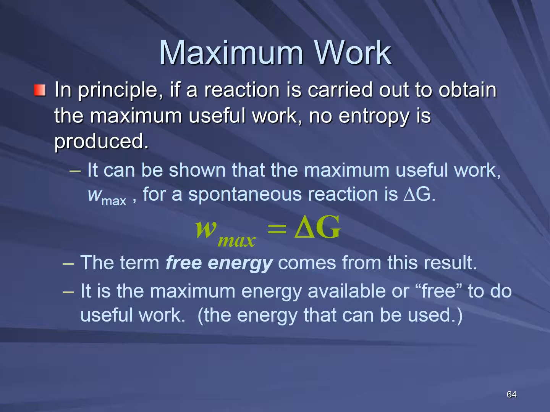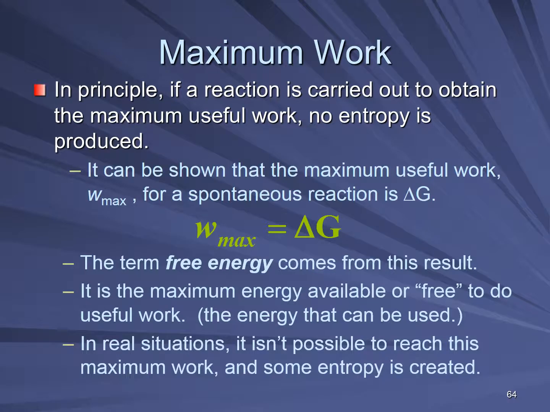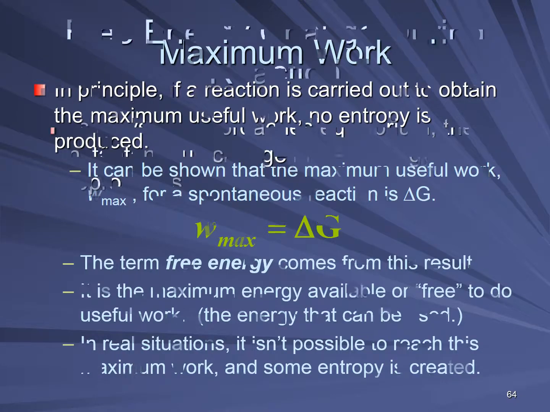It's usually not all used to do useful work, but that is what's available if it can be used. In real situations, it's not possible to reach this maximum work, and some entropy is created, and that's why entropy is increasing. But delta G gets its name, free energy, because it is the amount of energy free to do useful work.